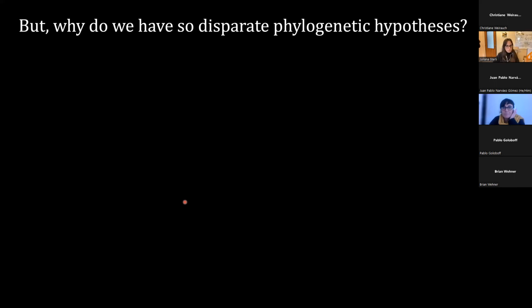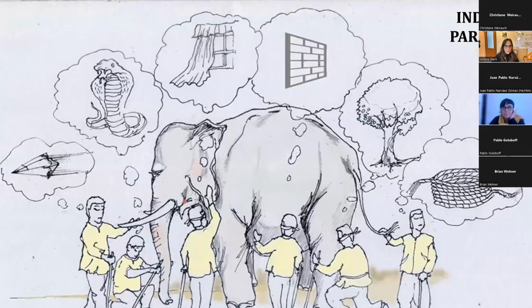So we wanted to look further into this, and I believe what is happening is this. It reminds me of the Indian parable of the six blind men and an elephant, where each man is touching a different part of the animal, and he's saying, okay, this is the tail.